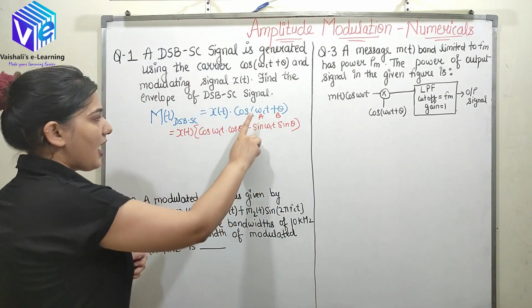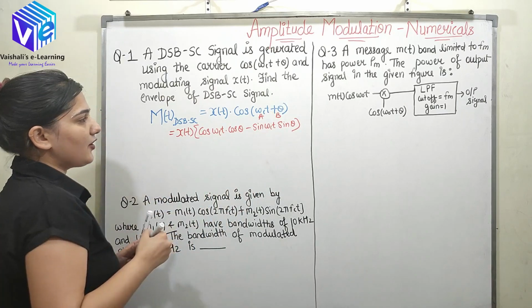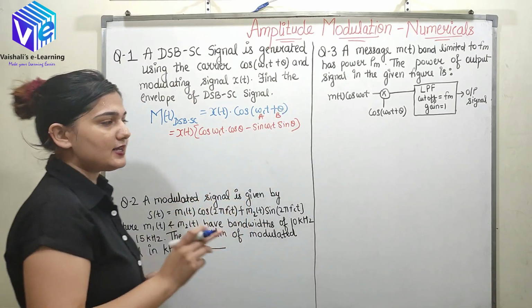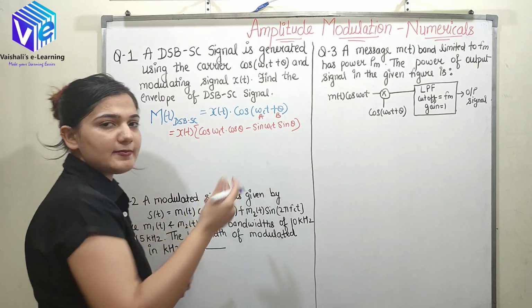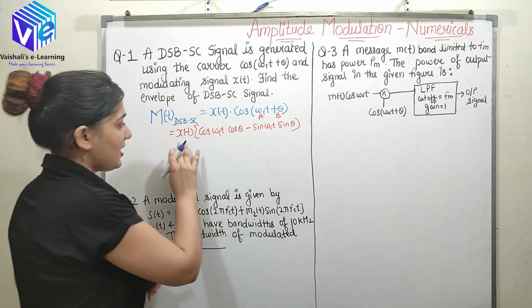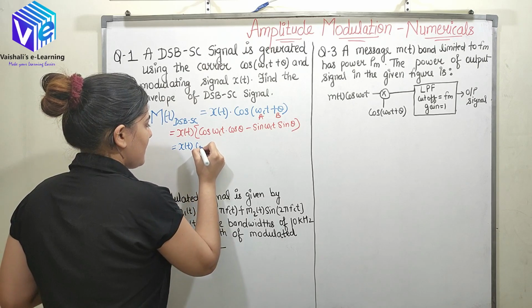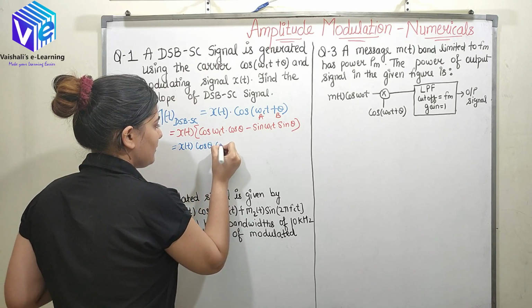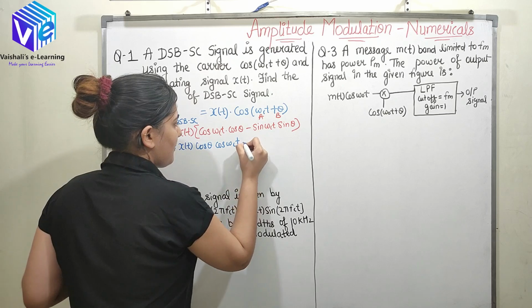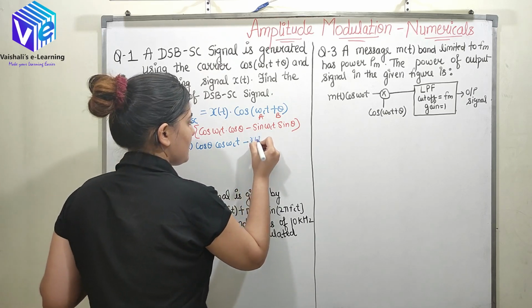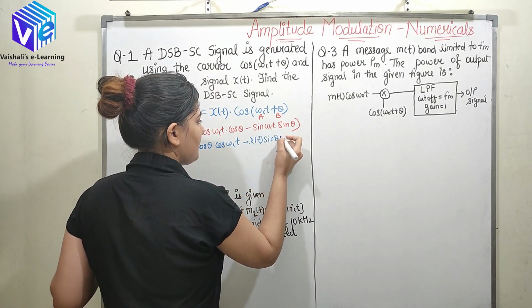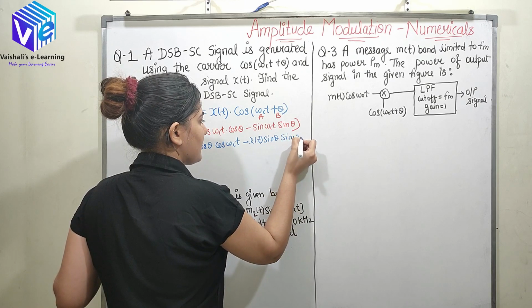The formula of cos(A + B) is cos A cos B minus sin A sin B. So now further I can expand this and write it as x(t) cos θ cos ωct minus x(t) sin θ sin ωct.